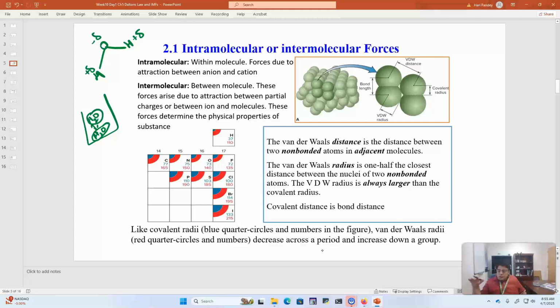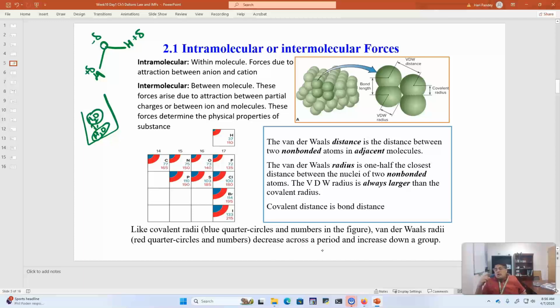They are not full charges, meaning not -1 or +1, but they can be like +0.5 or +2.5 or -0.5. They are partial charges. So these intermolecular forces, the forces between molecules, are because of these partial charges.